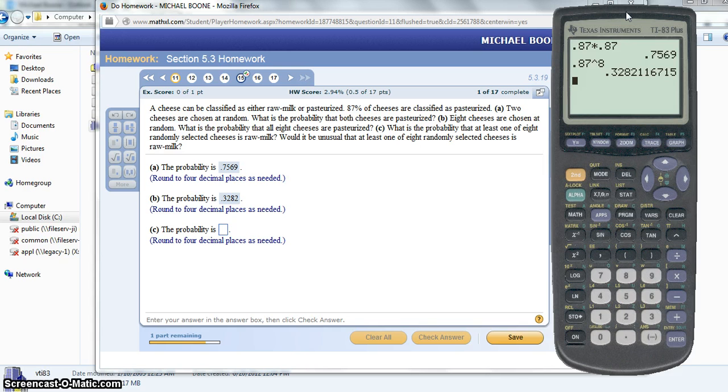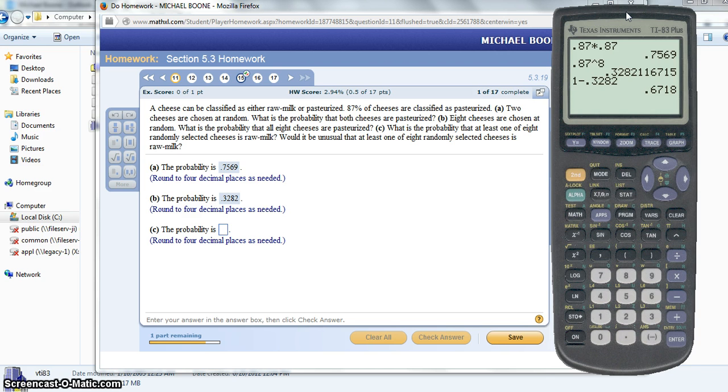And I've already figured out what all pasteurized is. It's 0.3282. So if I do 1 minus all pasteurized, that's going to give me the probability that at least one uses raw milk, so 1, 2, 3, 4, 5, 6, 7, or 8. I don't have to find those 8 different probabilities. I can just find the one that means 0 used raw milk, which means all 8 were pasteurized.